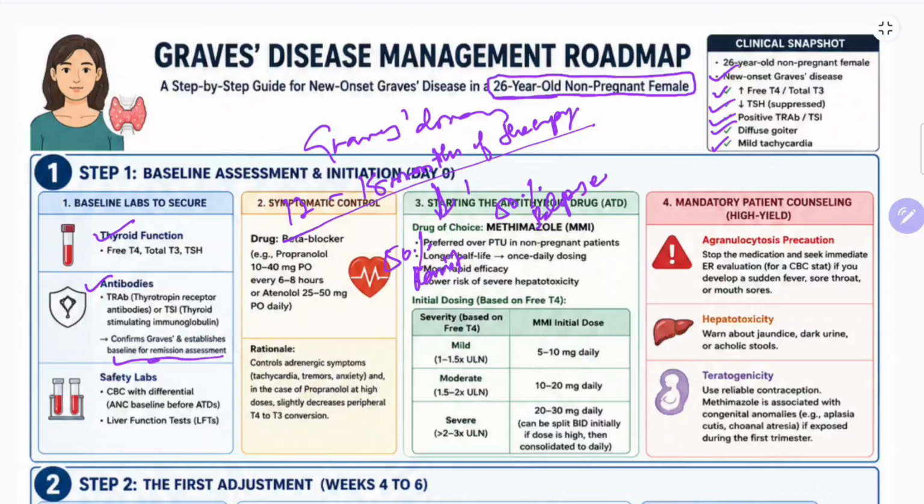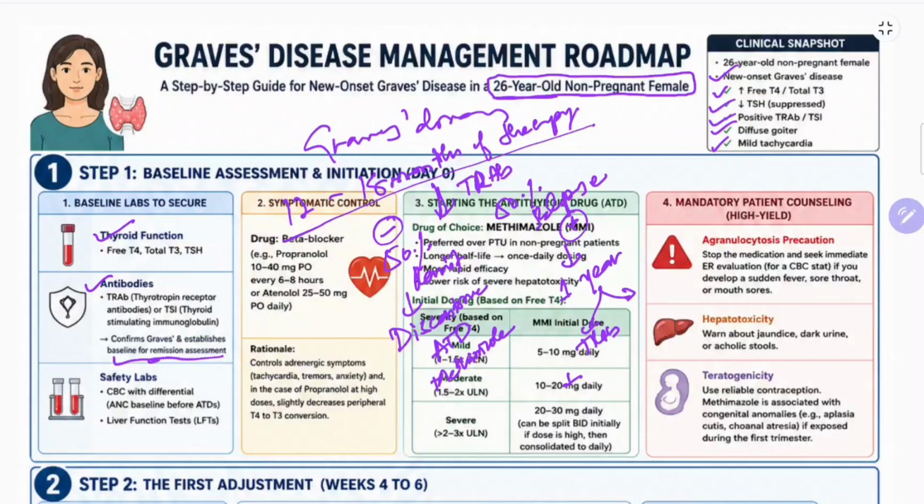First we will do TRAB again after 18 months. If TRAB is negative, then we will discontinue the anti-thyroid drug, commonly methimazole. And if this TRAB is positive, then we will continue for one more year, and then again measure TRAB after one more year.